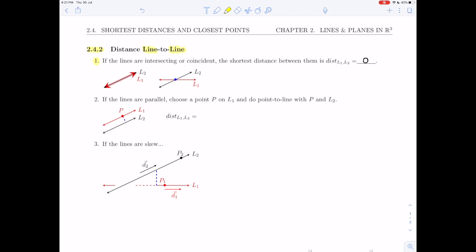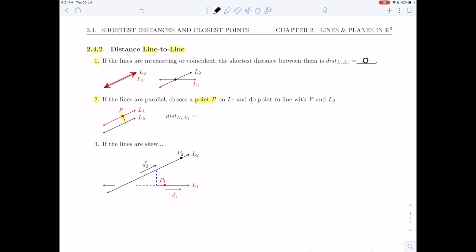If the lines are parallel, well, then there is a fixed and constant distance between them, and we can use a formula that we saw previously. If we simply choose any point P on one of the lines, let's say line 1, we can do the distance from that point P to L2.